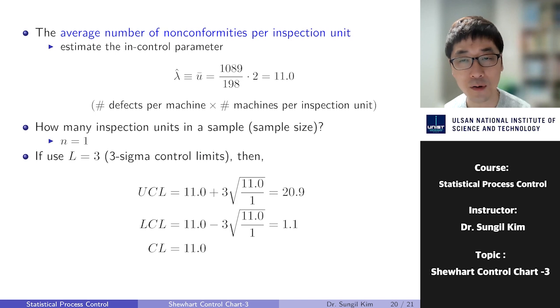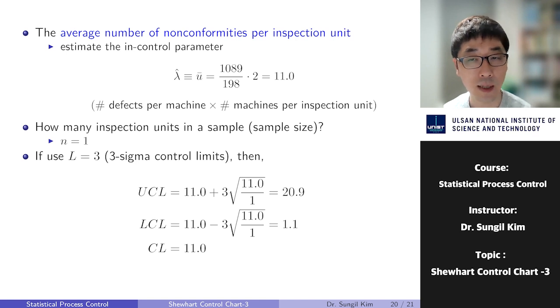Now, first of all, we estimate lambda, which is the average number of nonconformities per inspection unit. 1,089 divided by 198 is the average number of nonconformities per machine, right?